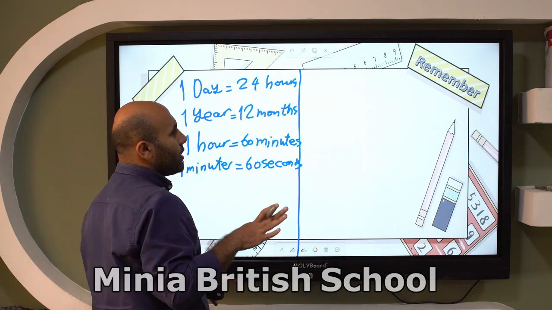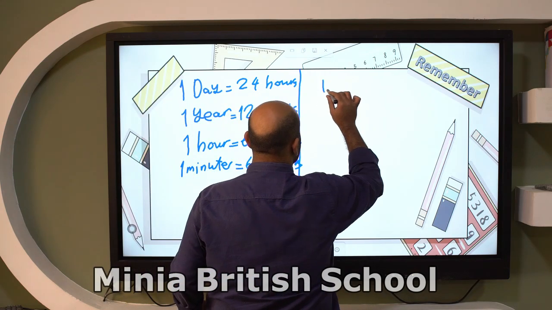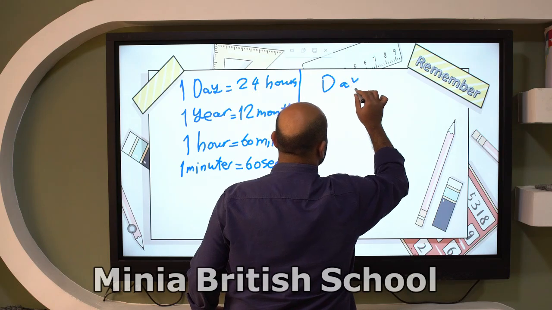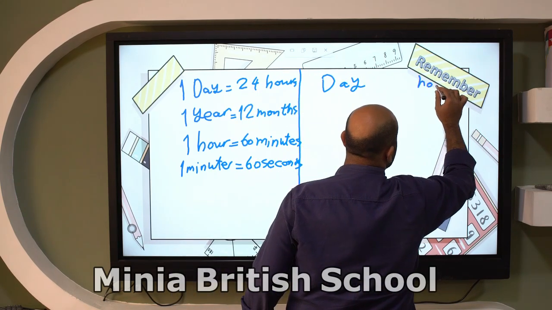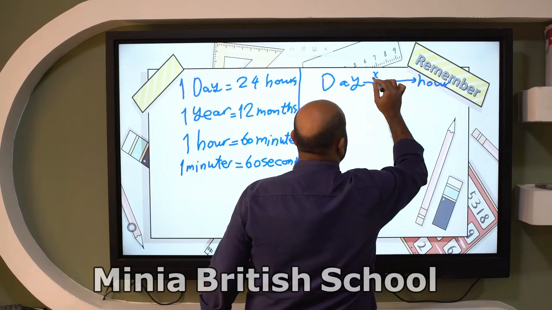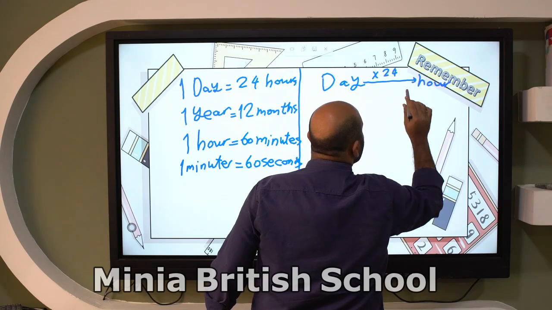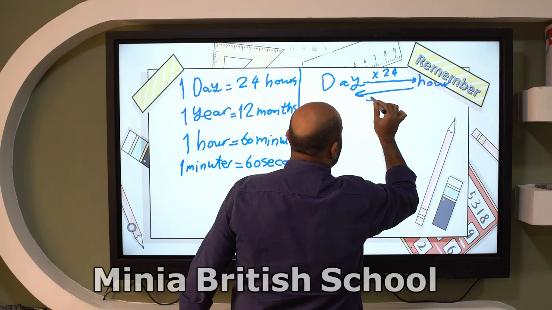So, in another way, if I want to convert from day to hour, that means times by 24. What about the inverse? I have to divide by 24.